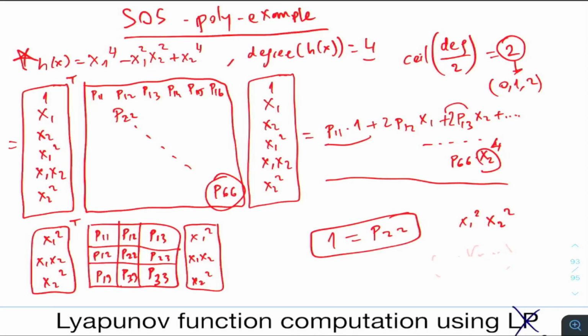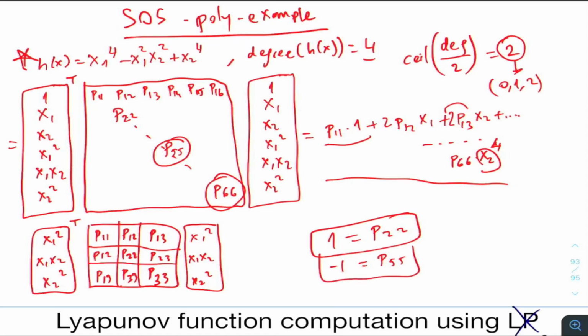So x1 x2, like this term, is the fifth entry, meaning the 5 comma 5 entry, and that would be e55, or rather let me write here, p55 would equal minus 1.